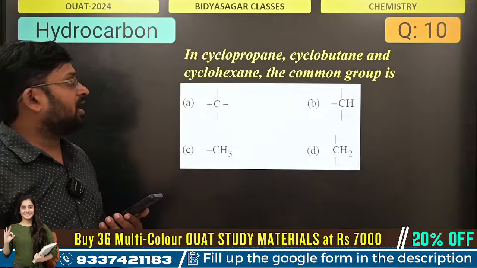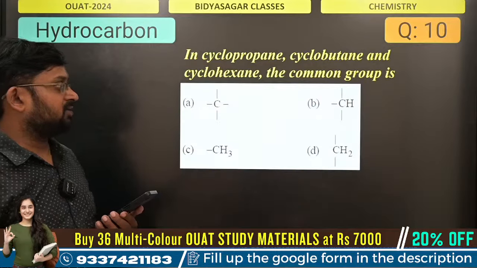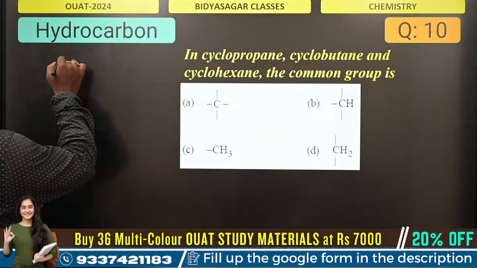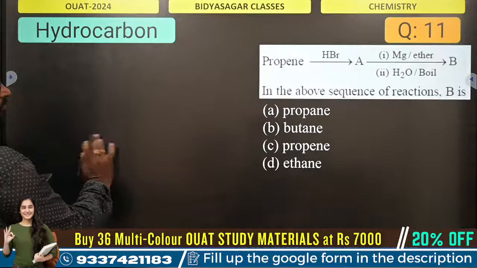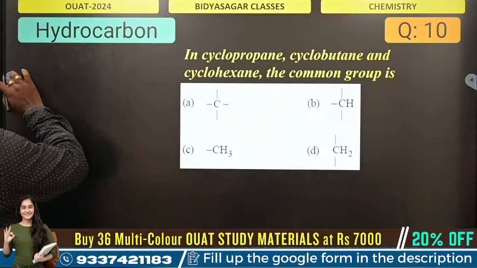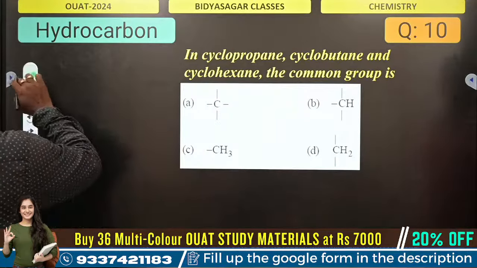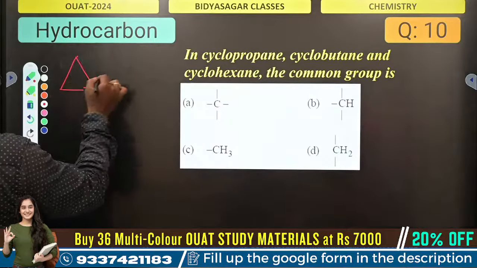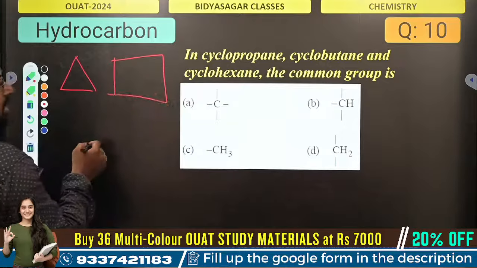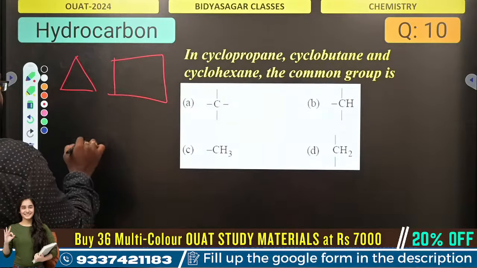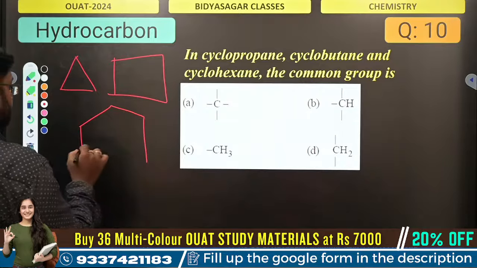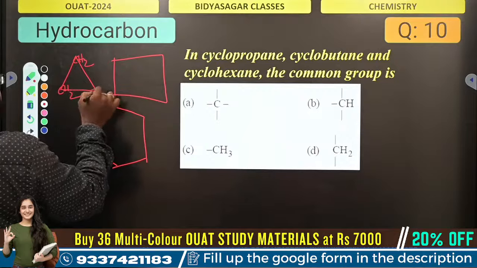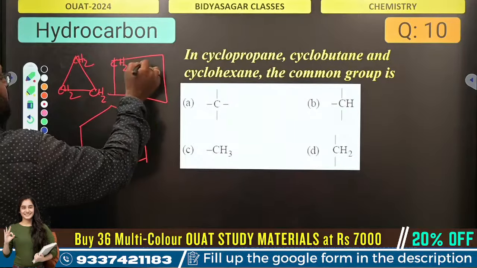In cyclopropane, cyclobutane and cyclohexane, what is the common group? The CH2 group is common in each cyclo compound.